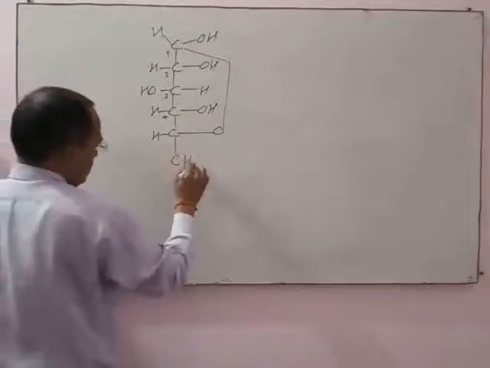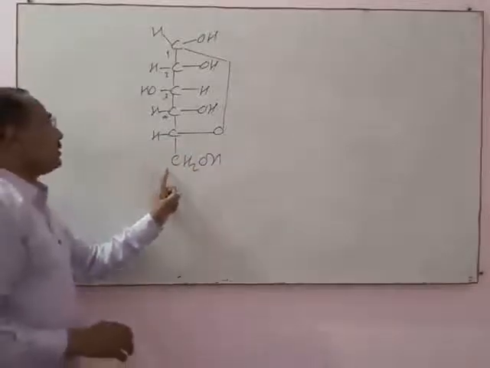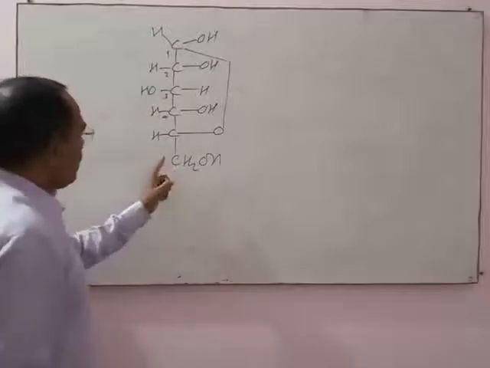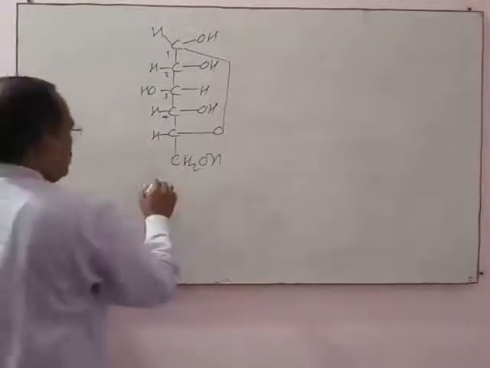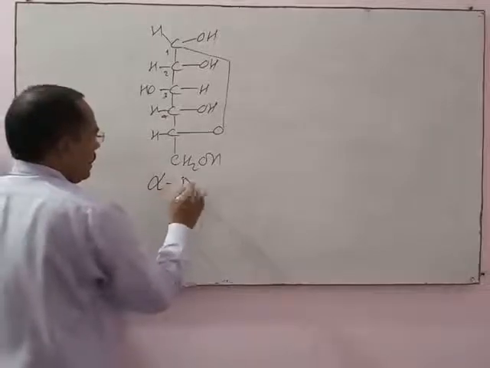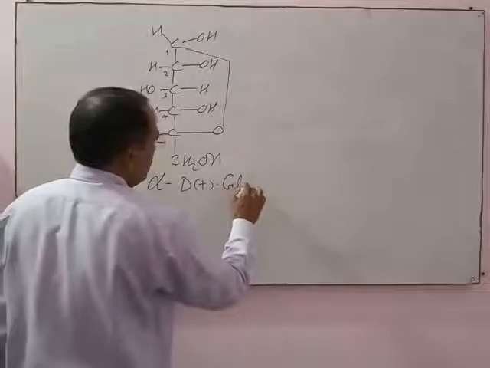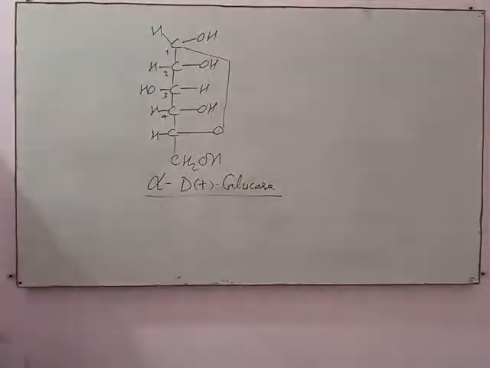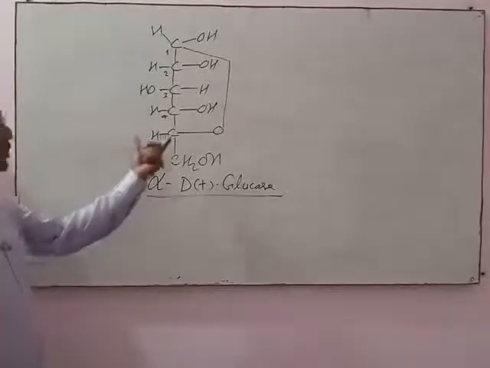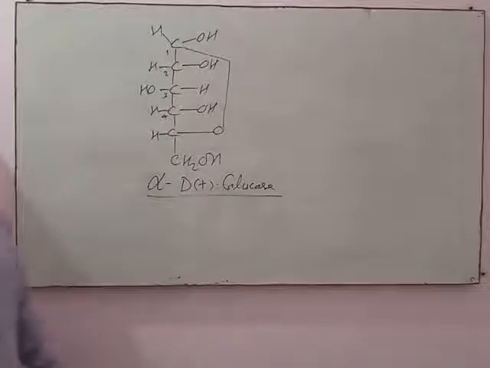This is the Fischer projection of the cyclic structure of glucose. This is known as alpha D plus glucose. Alpha D plus glucose cyclic structure, and this is the Fischer projection formula of D plus glucose.